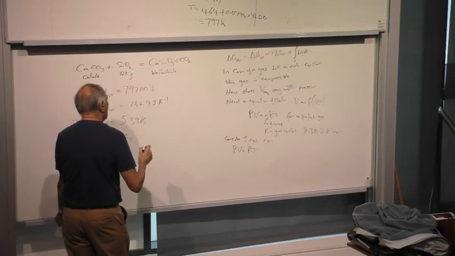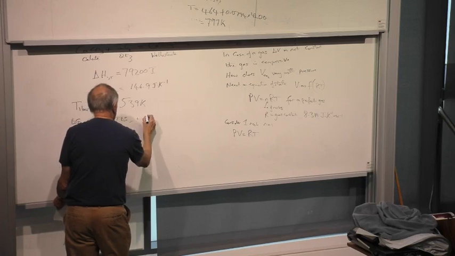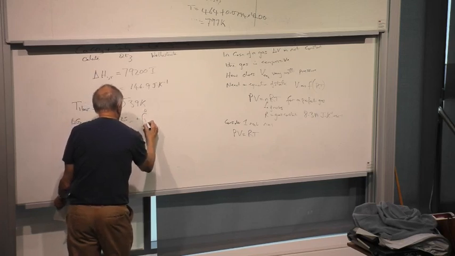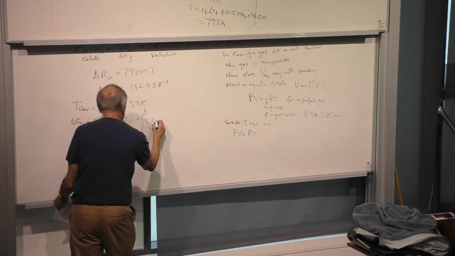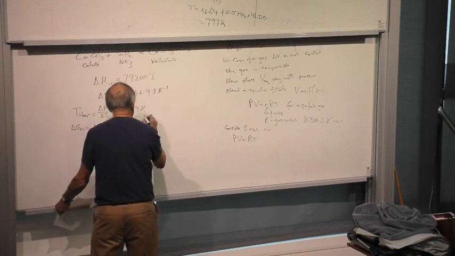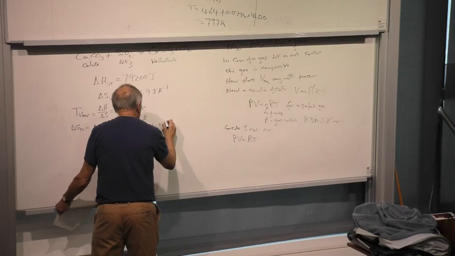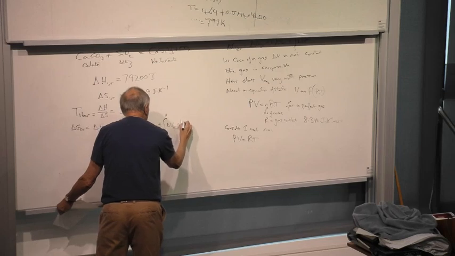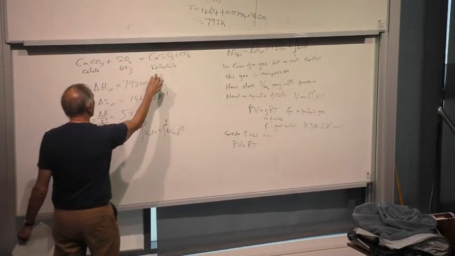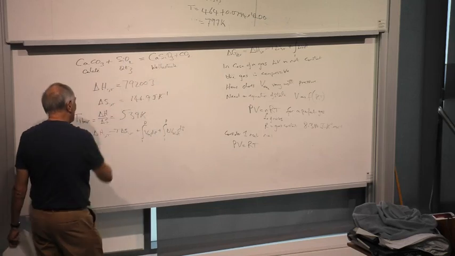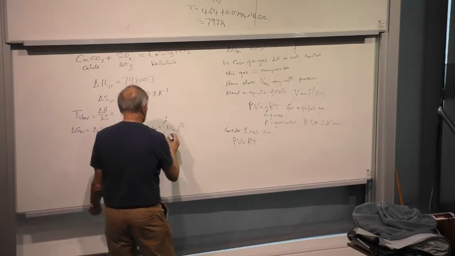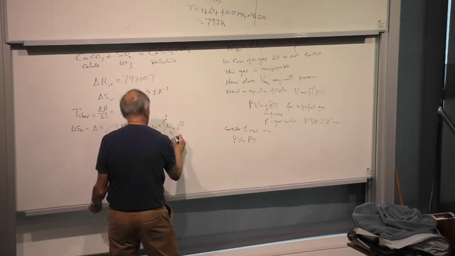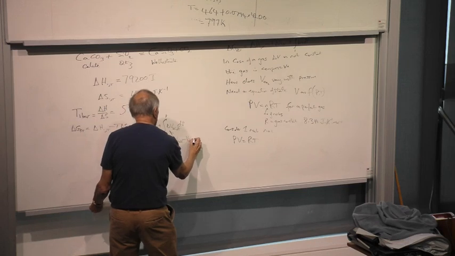So that will be then plus the integral from 1 to P of V CO2 dP, that's a product, so it's positive, plus the integral from 1 to P of delta V of the solids. So the solids would be the volume of wollastonite minus the volume of quartz minus the volume of calcite.